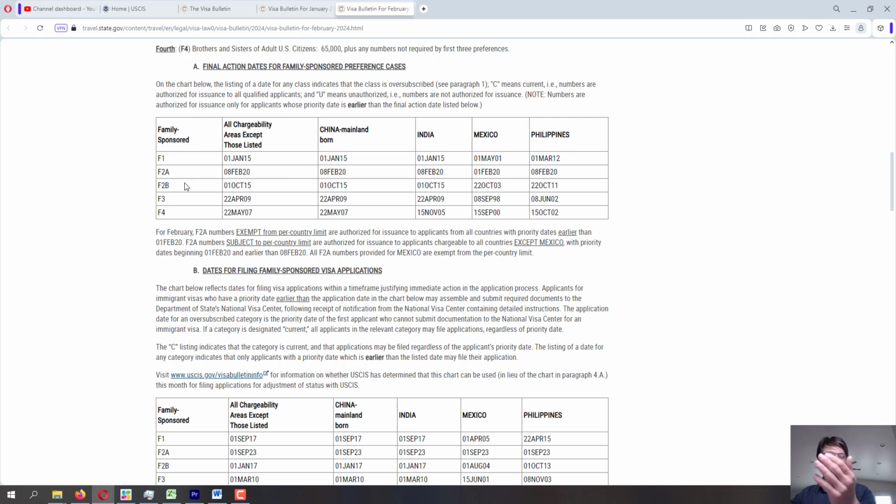Okay, so clear with the chargeability area, clear with the categories, the dates. What are these dates? In both of the charts, these dates represent the thing called priority date. The priority date is when your I-130 was received by USCIS.